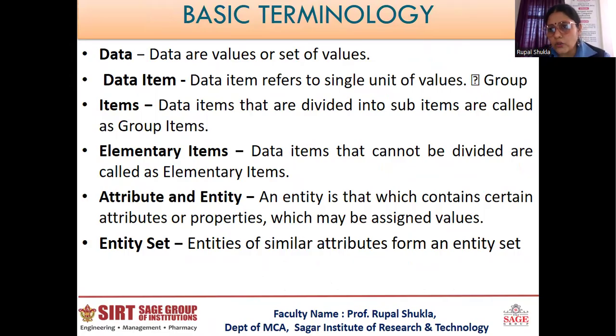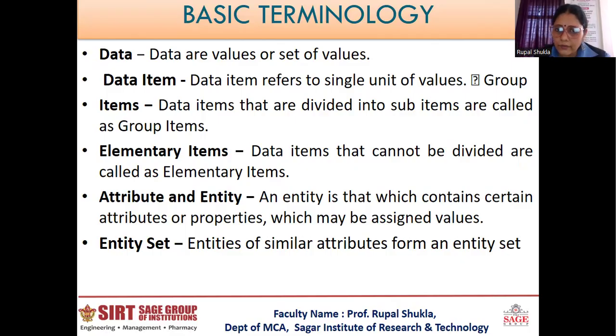Basic terminology of data structure are: first one is data. Data are a value or set of values. Data items. Data items refer to a single unit of values. Group items. Data items that are divided into sub items are called group items. Another one is elementary items.